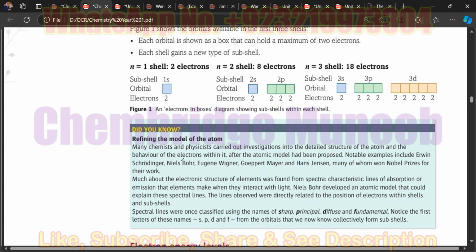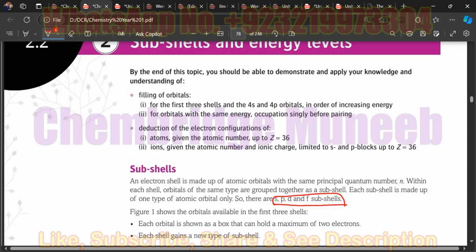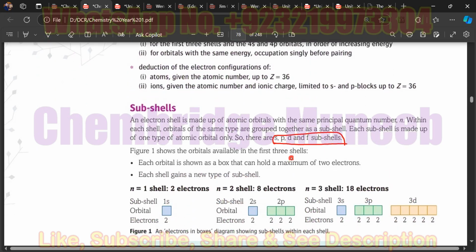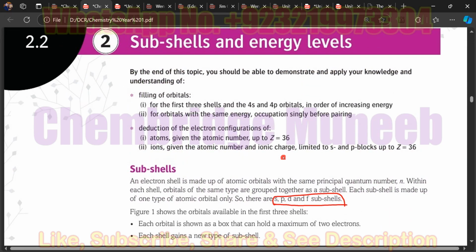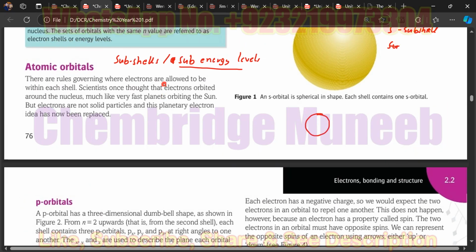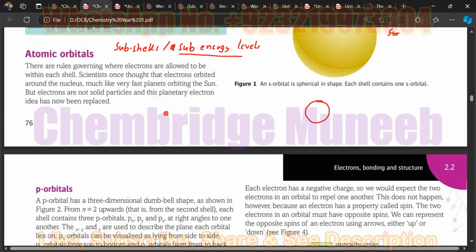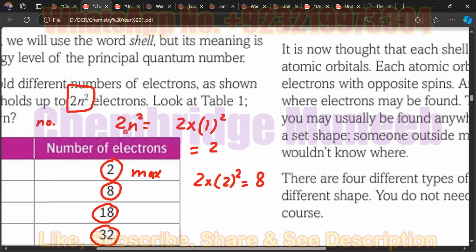I'm basically comparing the literature in the OCR versus Cambridge. So some things are not shown and some other things are shown here. For example, this formula which we used here, 2n squared, to calculate the number of electrons in any shell, is not used in the Cambridge. The students are not made familiar with this formula.